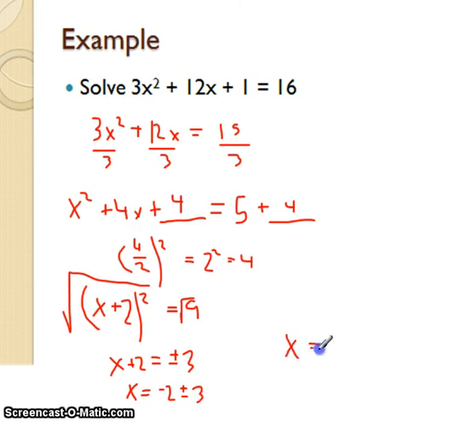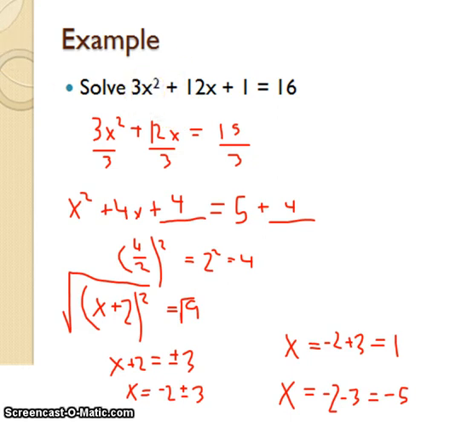So x could be either -2 plus 3, which is 1, or we could have x equal to -2 minus 3, which is -5. So in this case, we have two answers again, and it's no surprise here because all quadratic equations will have two answers.